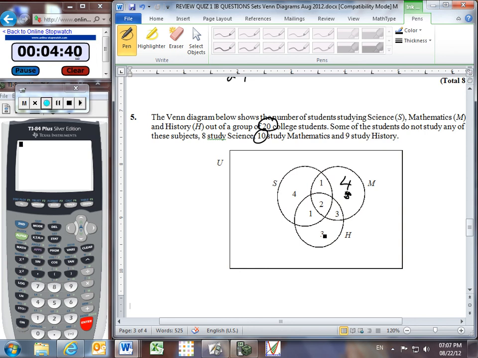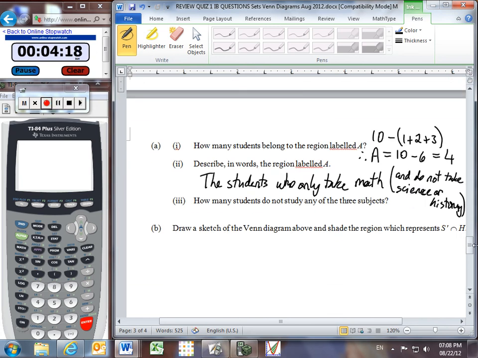I've only accounted for 18 students so far. Let's subtract the sum of all of these other regions from the total: 20 minus 18 gives us the 2 who study none of them. So our answer down here is 2.